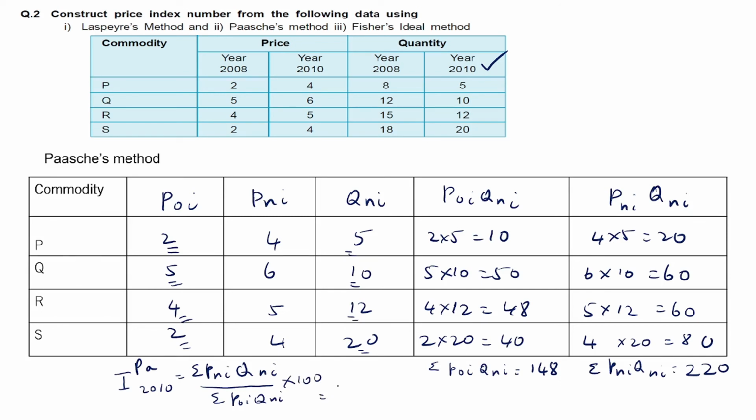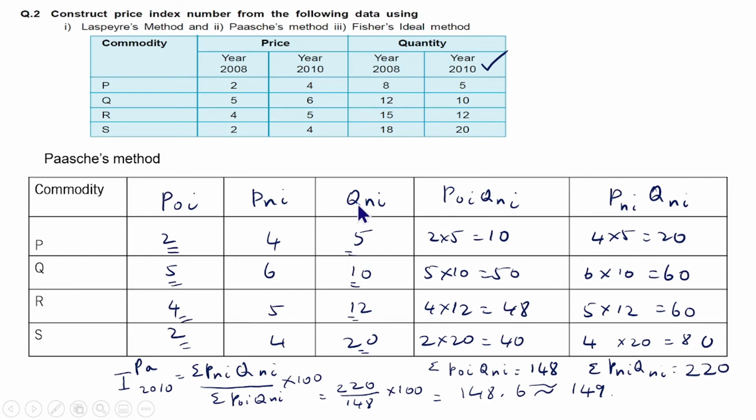This is equal to 220 upon 148 into 100. Now this is equal to 148.6, or it is approximately equal to 149. So this is Paasche's Index for 2010.